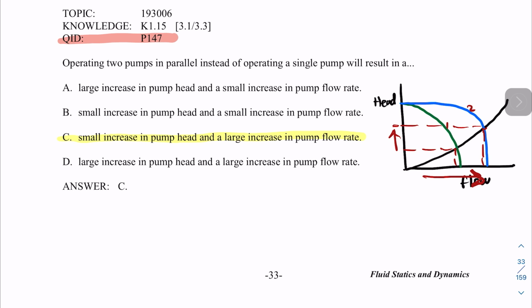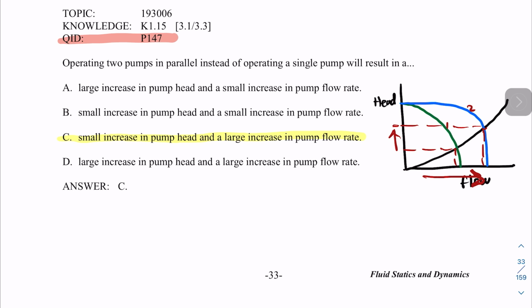But how large is that increase going to be? Because here it's asking if it's a small increase or a large increase. How is this increase going to be, right? For that, we'll probably need a better graph.